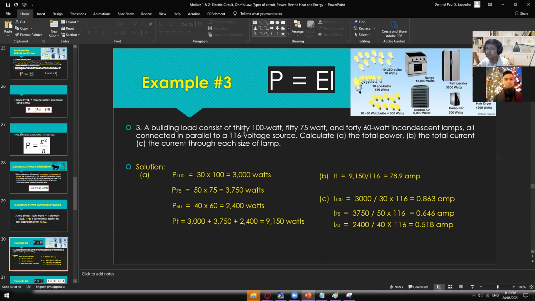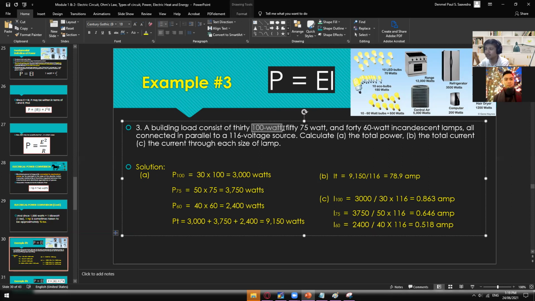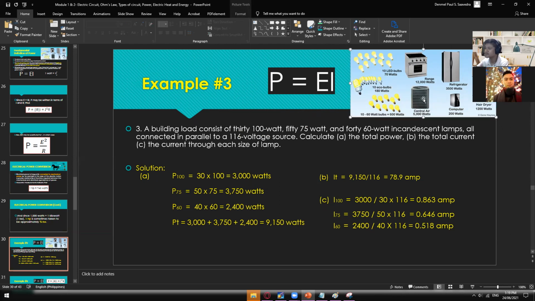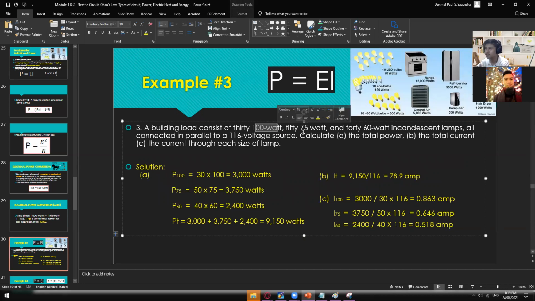A building load consists of thirty 100 watt bulbs. Here is a similar picture, just to give you an idea. Thirty 100 watt, fifty 75 watt, and forty 60 watt incandescent lamps.